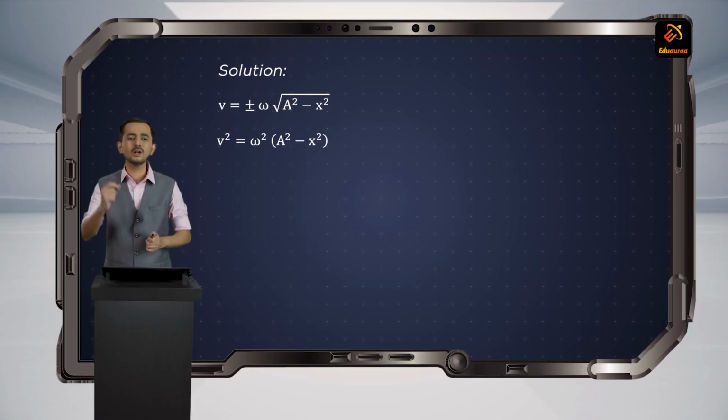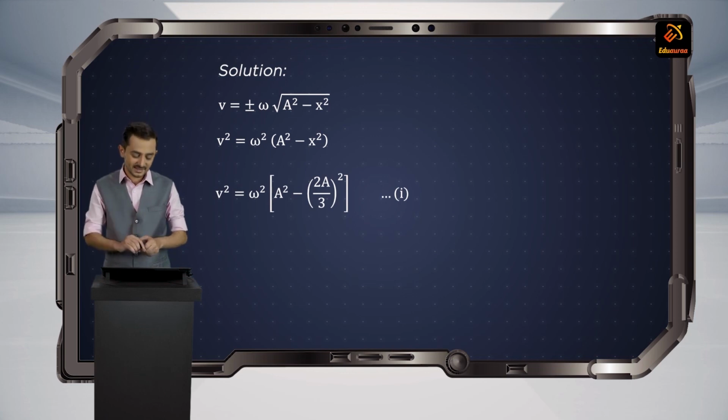First time for velocity v and second time for velocity 3 times of v. So first condition goes like this: v square is equal to omega square multiplied by A square minus x square. And what is the value of x, students? Displacement from the mean position is 2a by 3. Let's say this is our equation number 1. For second condition, students, the velocity is 3 times of v.